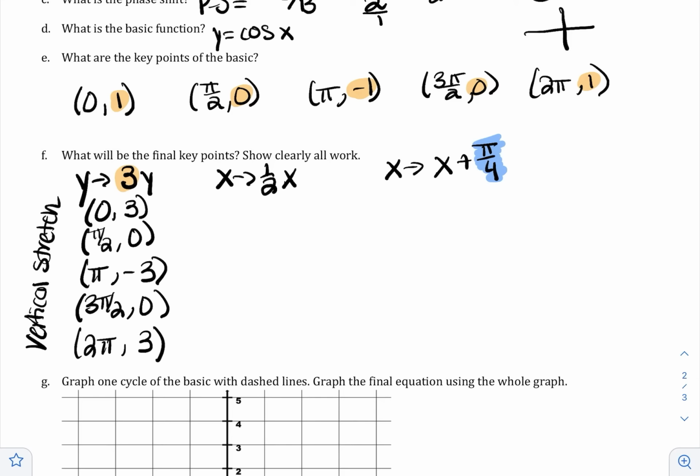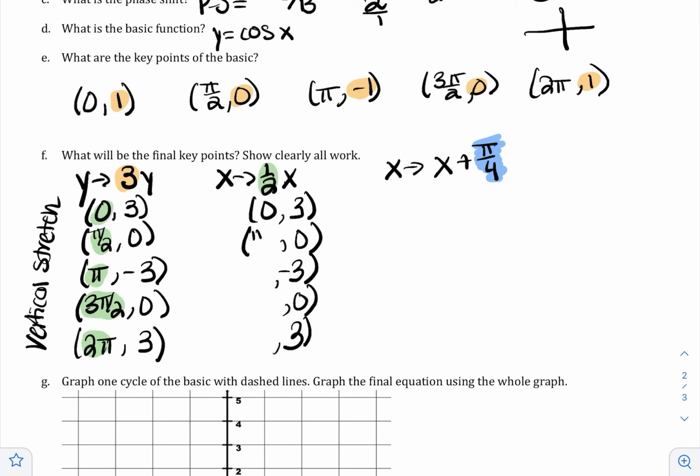Okay, next I'm going to multiply by 1/2. Now the y's stay the same. I'm not changing my y's, but what I am changing are my x's. So I'm going to multiply by 1/2 these x's from the previous step, because I'm going step by step in a row. So 1/2 times 0 is 0.